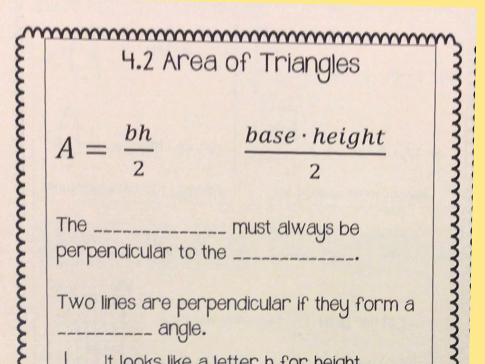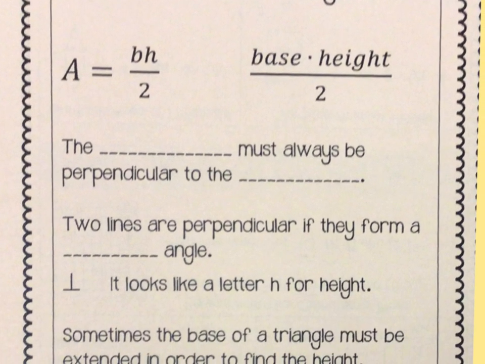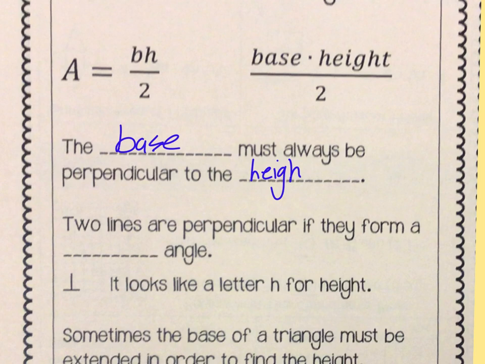Now, let's talk about what that means and what we know about triangles. The blank must always be perpendicular to the blank. Well, the base must always be perpendicular to the height. And that was shown in the video with that little 90-degree angle that it had when they drew the triangle.